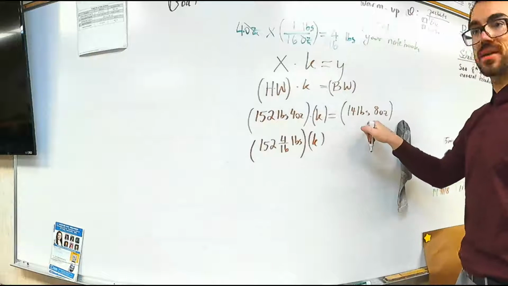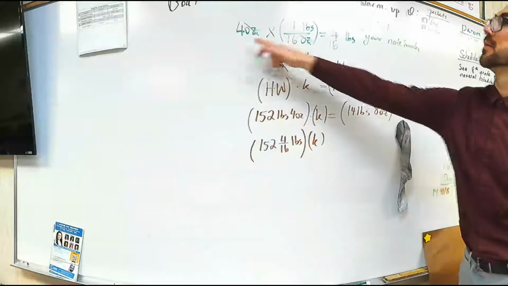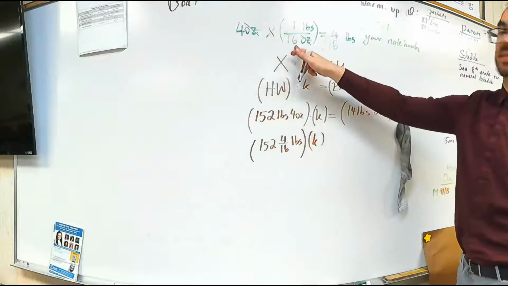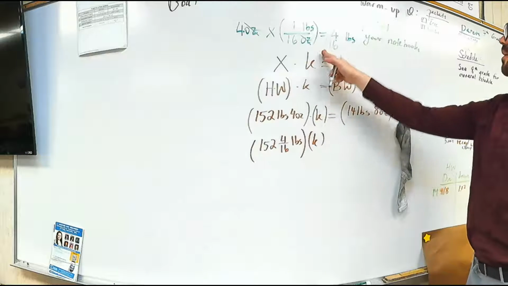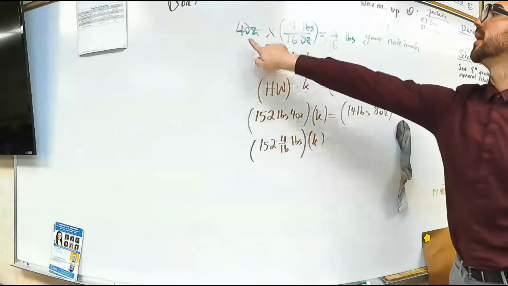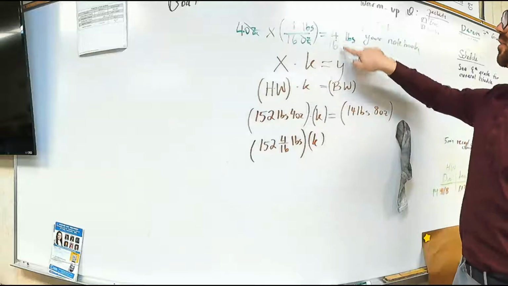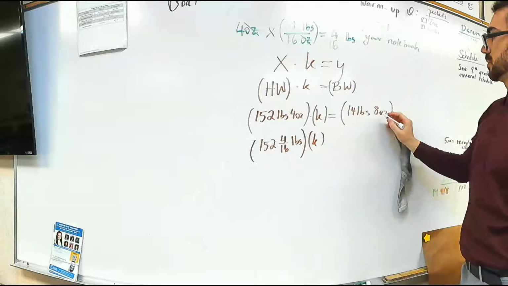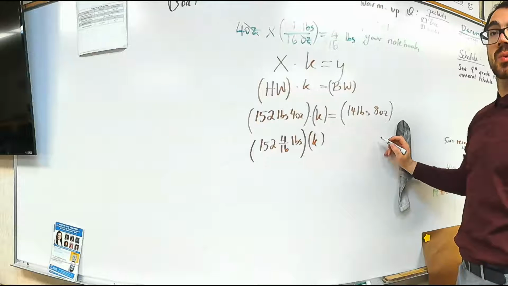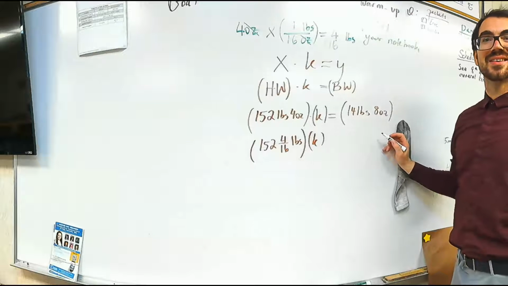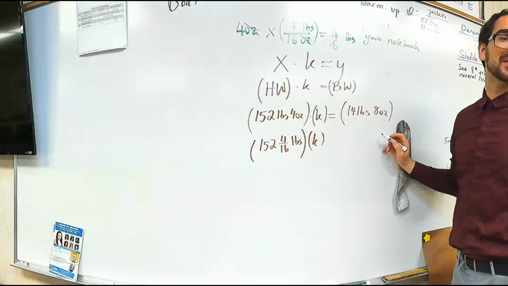We can do the same with this. 8 times 1 over 16 pounds per ounce equals how many pounds? 8 times 1 over 16 is 8 over 16, which is... 8 over 16 is, anyone know? Go ahead.